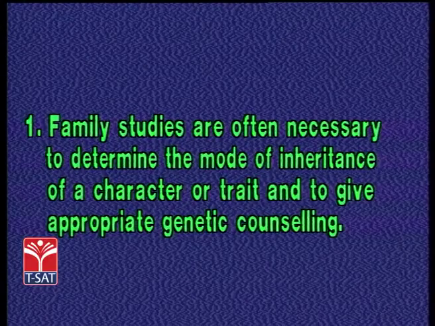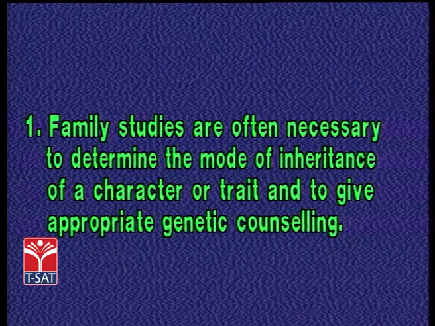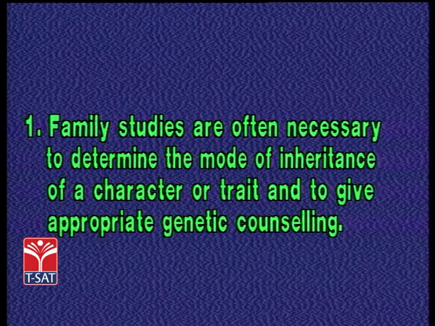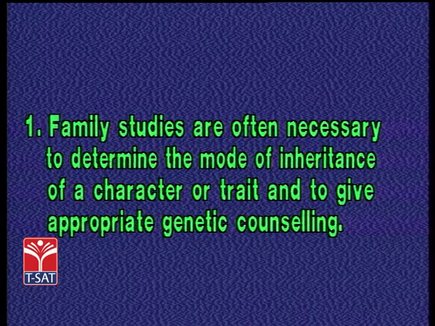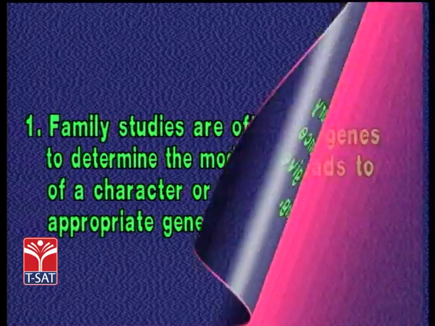So far in this lesson on genetic diseases, you have studied about the genetic diseases, about the chromosomes and genes, and about the details of the genetic diseases. Now, I will summarize the entire lesson. Family studies are often necessary to determine the mode of inheritance of a character or trait and to give appropriate genetic counseling.